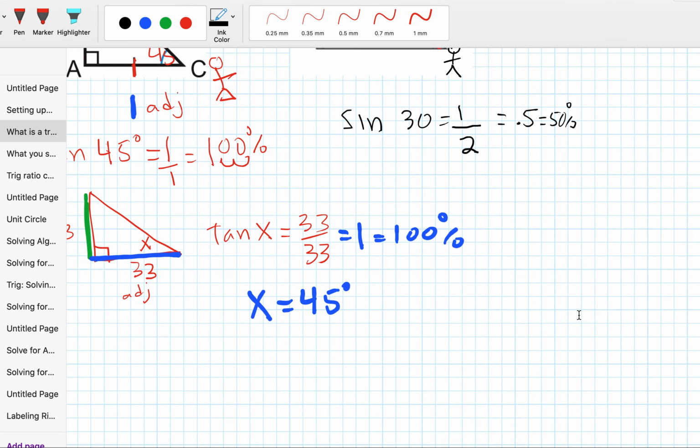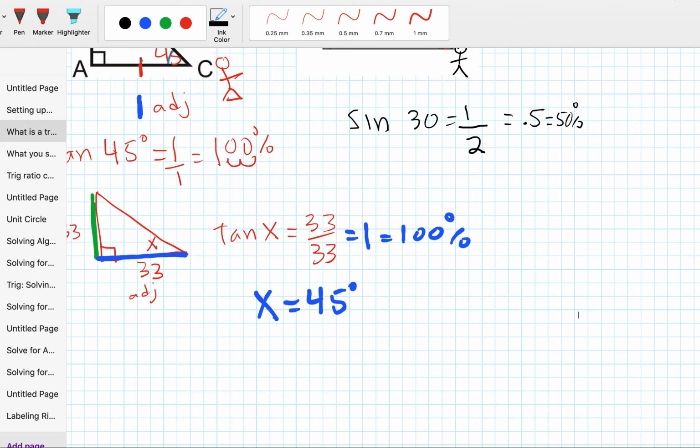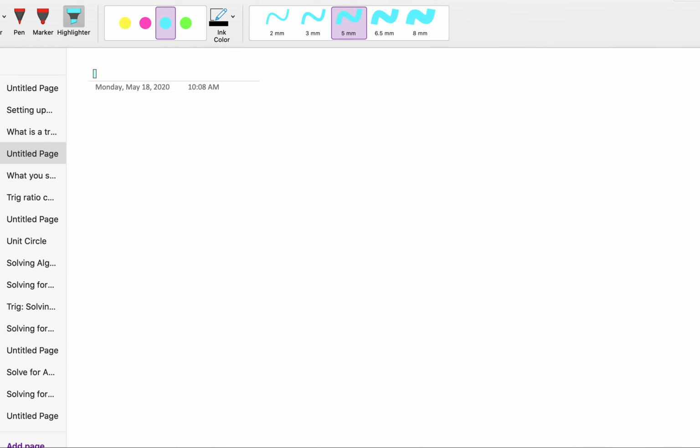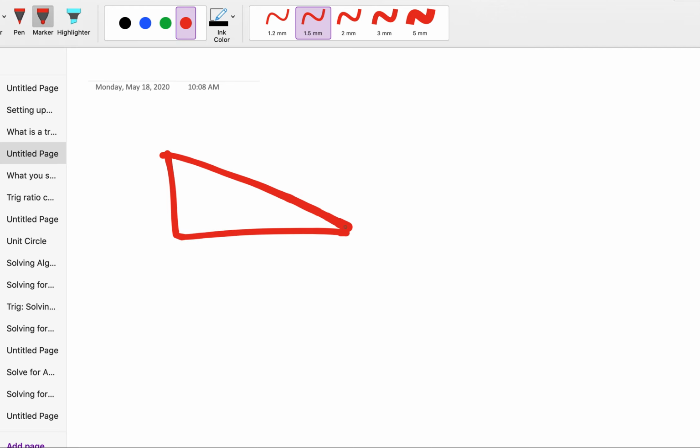So we can even make an example here. Get a new page. And this will sort of be the last example. So here's an x. And let's say this is 125 and this is 250. That's my opposite. That's my hypotenuse.